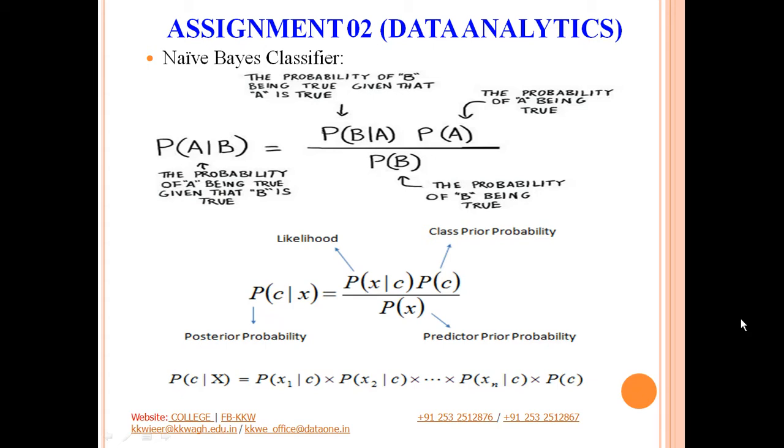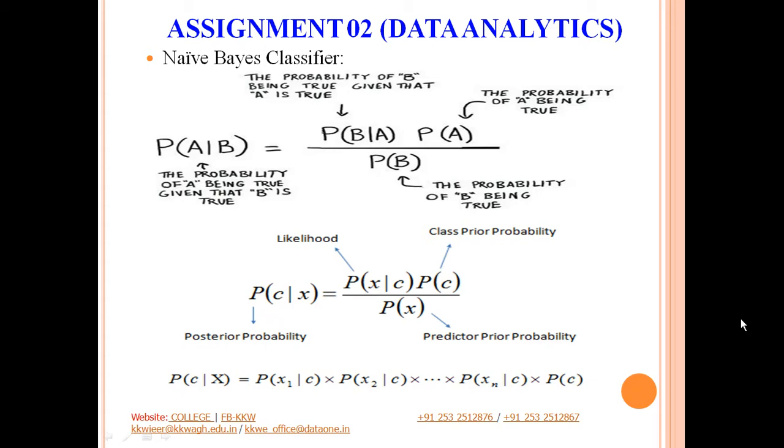As the name tells you, this particular classifier is based on the Bayes theorem. So let us now discuss the Bayes theorem and then we'll move on to the input-output of the assignment. The Bayes theorem says that if you have two events A and B, then probability of A given B is written as P of A oblique B. So B is given to you, that is our independent feature, and A is not given to you, that is our outcome variable, our dependent feature.